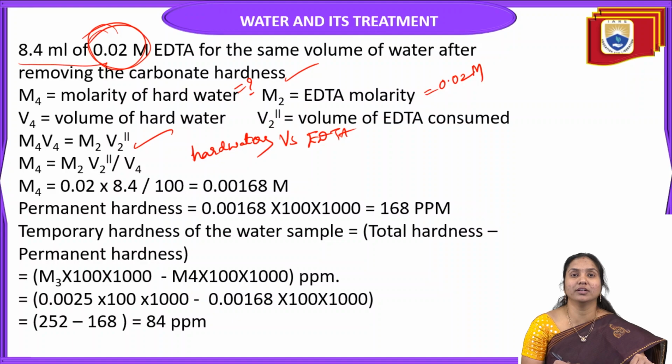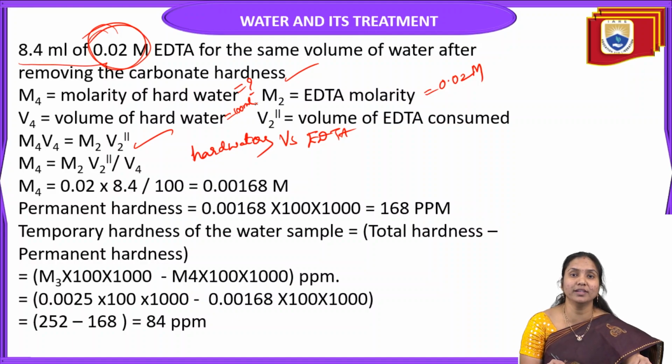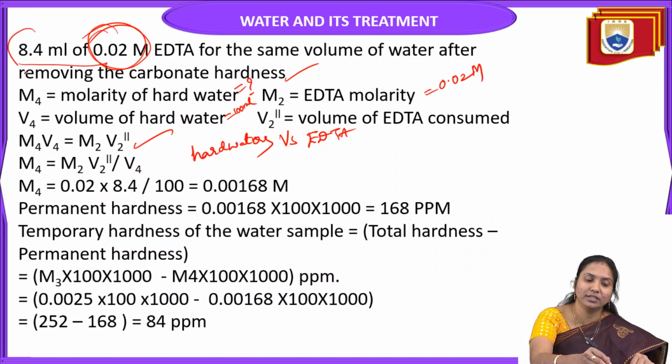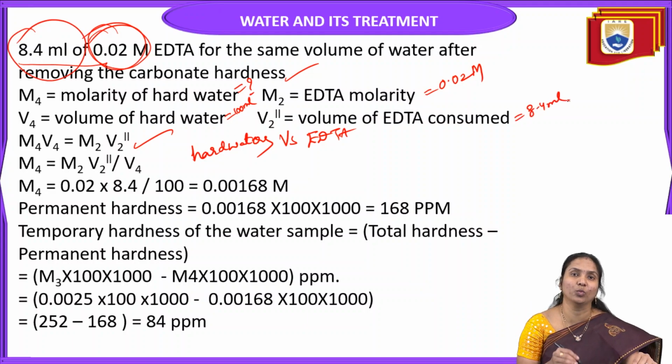And next V4 is the volume of hard water. So it's equal 100 ml. Volume of hard water is 100 ml. And next V2 equals volume of EDTA consumed. Here is given 8.4. So V2 equal 8.4 ml EDTA required for this. So we can substitute all the values in this formula. So what is the formula we are using here?